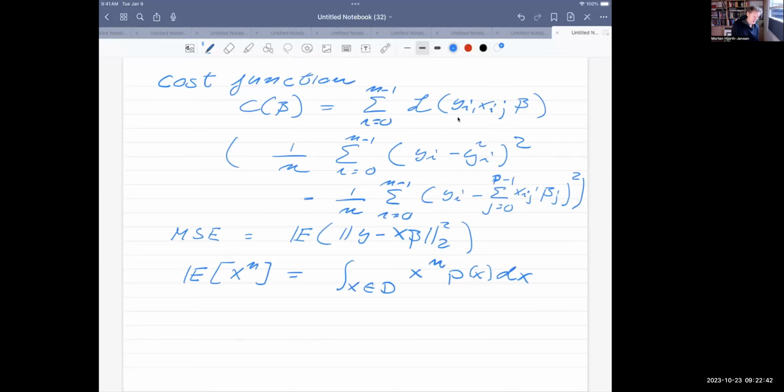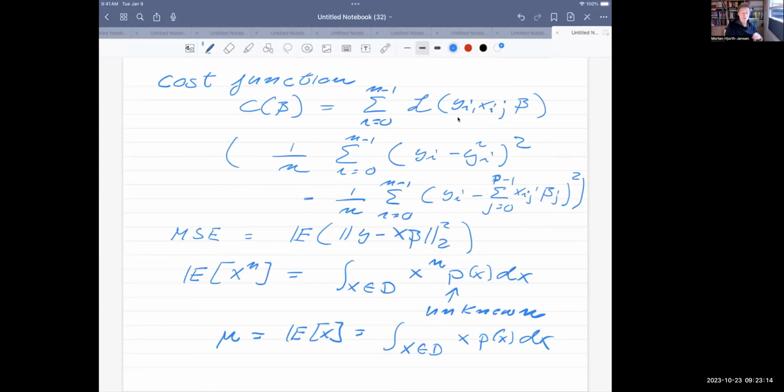But normally, this is unknown. And what we are left with is actually the sample mean value. So if we look at the mean value, which is the expectation value of x, this is given by the integral over x in the domain D, x times p of x dx.